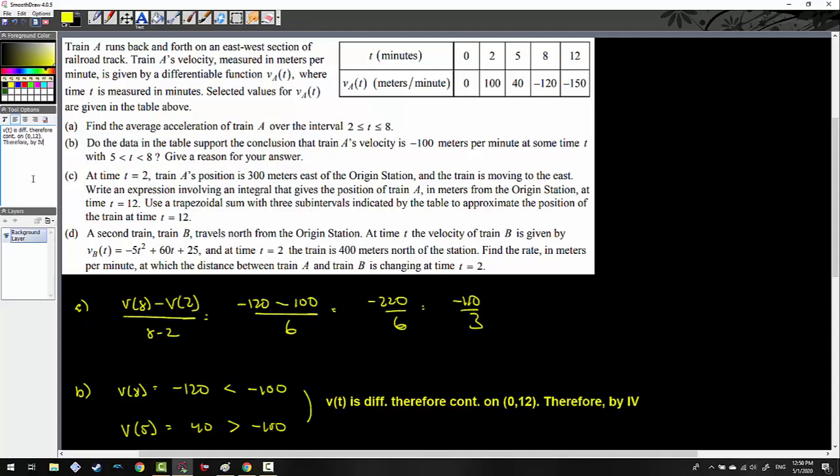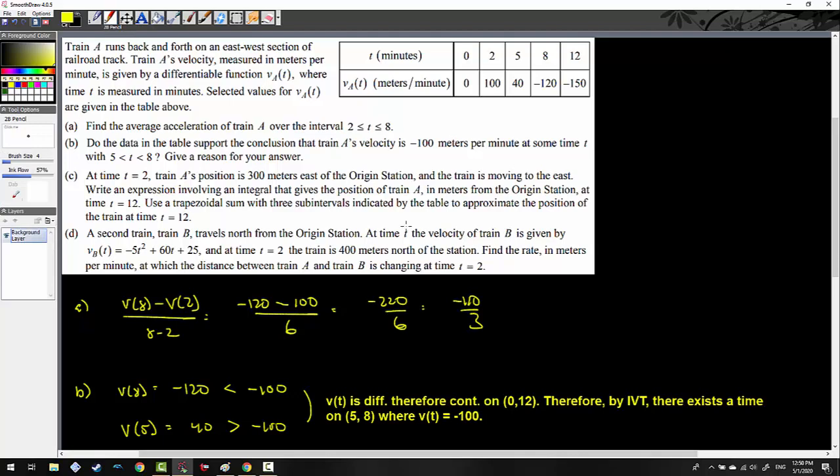Therefore, by IVT, there exists a time on 5 to 8 where v of t would equal negative 100.